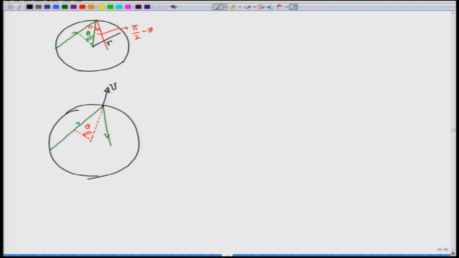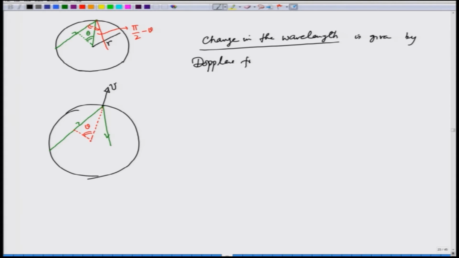Now, the change in the wavelength is given by Doppler's formula, and v is much less than c. So, delta lambda over lambda is given as 2 v, where the component of v is taken in the direction of light, which is v sin theta.